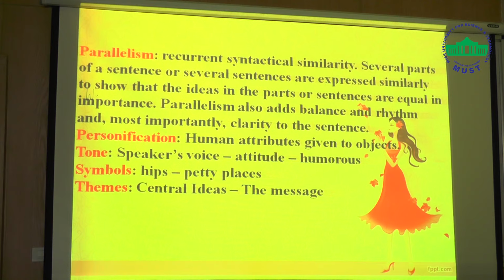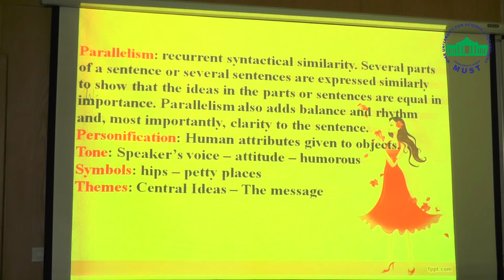Repetition is displayed in line 5, line 6, line 11. Why hips are repeated? The female speaker is not ashamed of her hips. She refers to them positively. So her tone is self-assured, rebellious, humorous, yet she addresses a serious topic on freedom and self-expression.